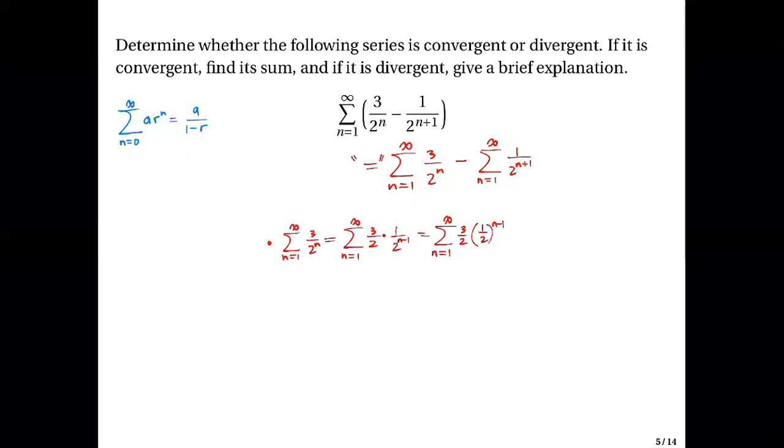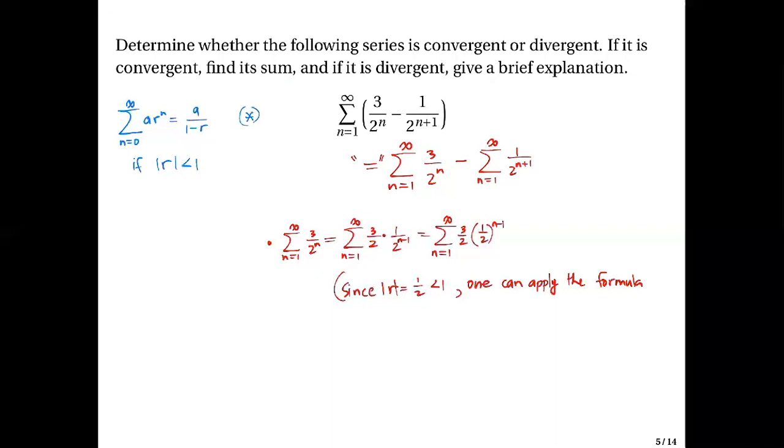And since r, which is 1/2, in absolute value is less than 1, one can apply the formula. Let me write this here, formula star, if r in absolute value is less than 1.